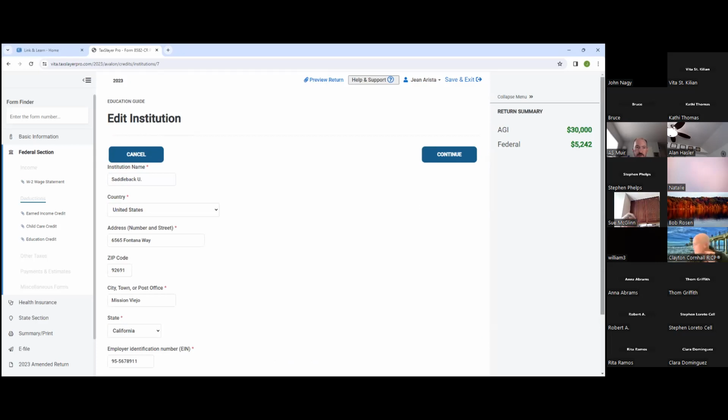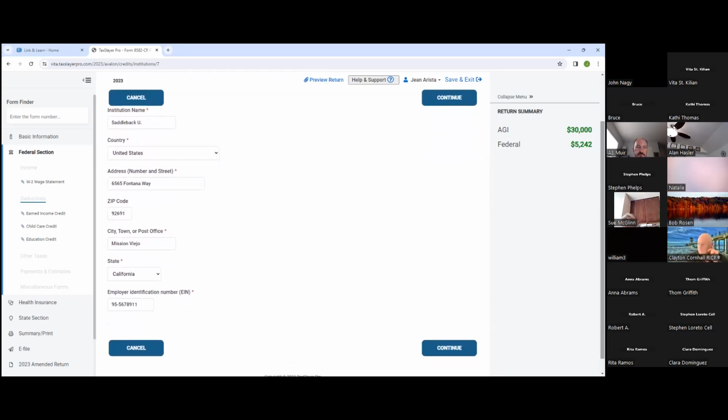And then we're going to go to our information for our school. Enter the administrative data for the address, and we indicate California. And in this case, we've got the employer identification number, and that corresponds to the EIN for Saddleback University.